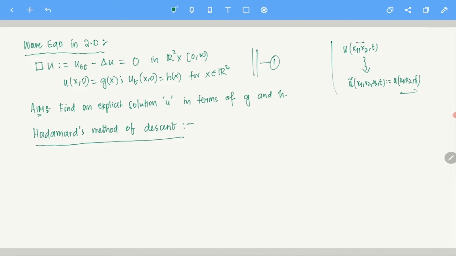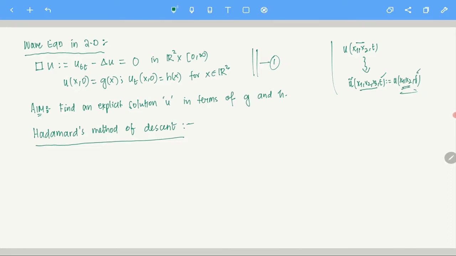Now, we know how to work with the wave equation in 3 dimensions. So what we are doing now is defining a new u tilde of x1, x2, x3, which depends on 3 variables and of course time, as a u which is independent of x3. Is it clear? We are defining a three-dimensional function, ignoring time right now, in terms of a two-dimensional function.